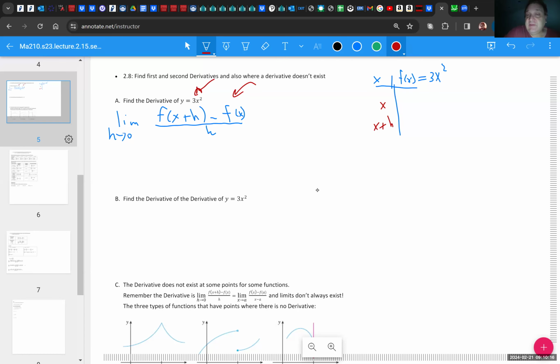Plugging in x doesn't change anything, so I get 3x squared. Plugging in x plus h gives me 3 times that input squared. That's because of the function right here. The x thing is being squared. And I'm just going to simplify that just a little bit, squaring things out.